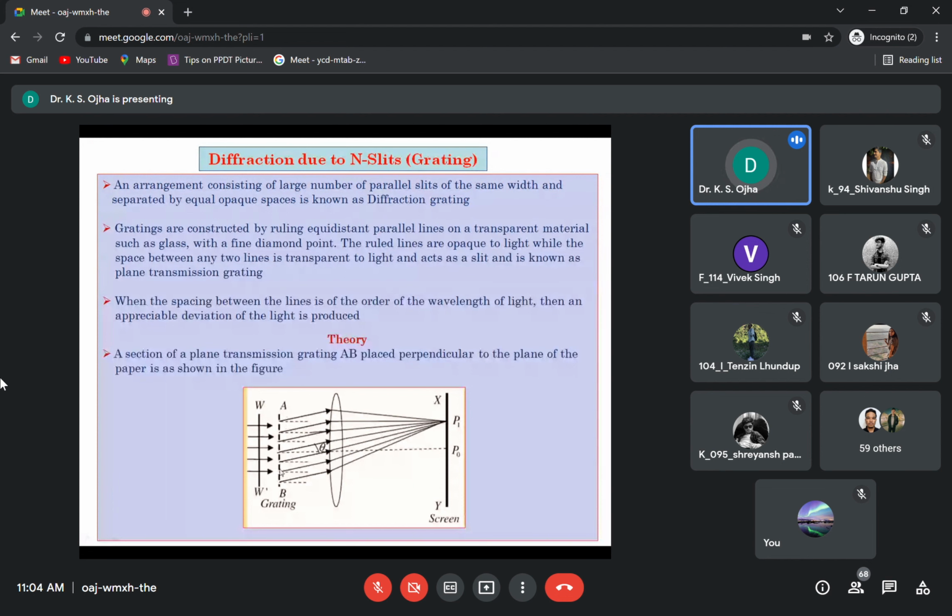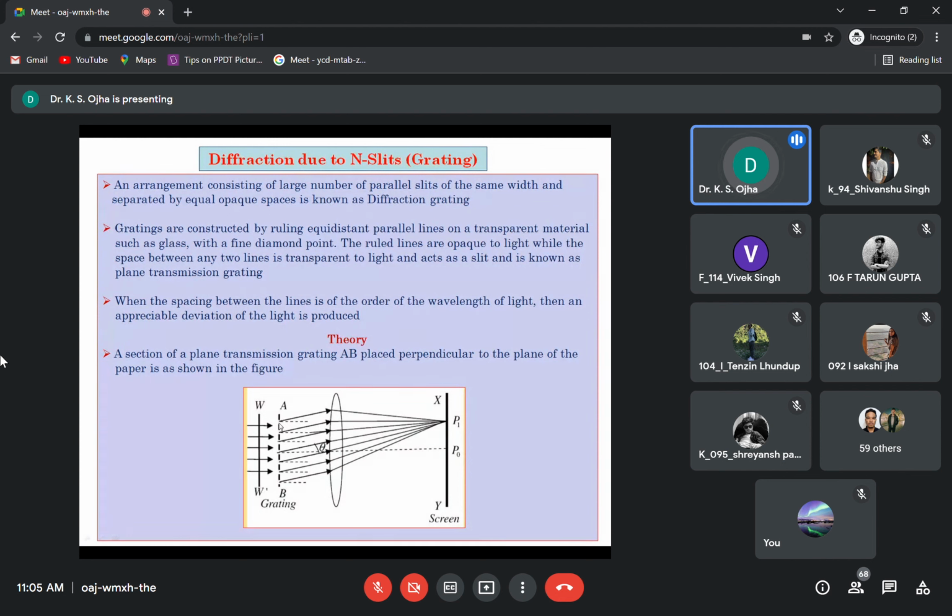This AB is representing the n slits of equal width. The vertical dots you are seeing are the opaque part, which is not passing the light. But between two opaque parts you are seeing a transparent part that is passing the light.